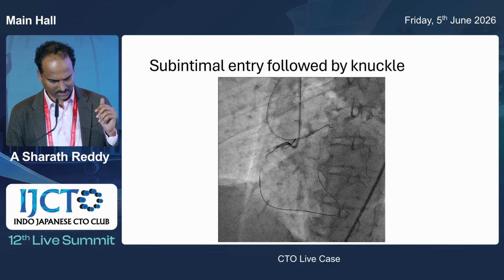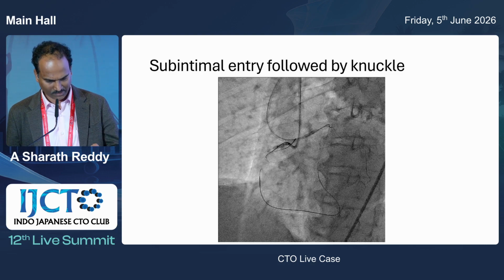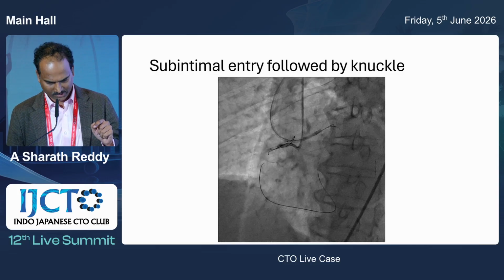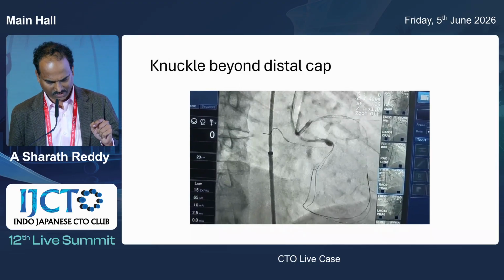So what we did is a balloon-assisted subintimal entry. You can see here, this is a 3.5 millimeter balloon with a Corsair sitting on the side, through which I advanced a Gaia 3 wire. It's literally getting into subintimal space, and I confirmed that I'm in subintimal space.